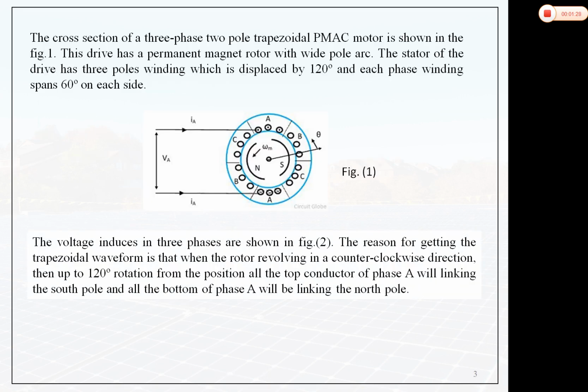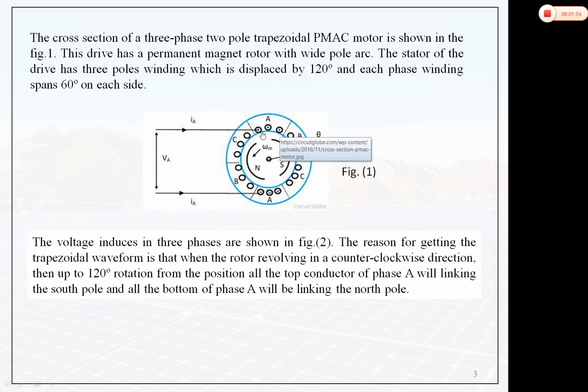The cross section of a three-phase two-pole trapezoidal PMAC motor is shown in figure 1. You can see here that we have three stator windings and two permanent poles, a north pole and a south pole. The windings in the stator are placed like this.